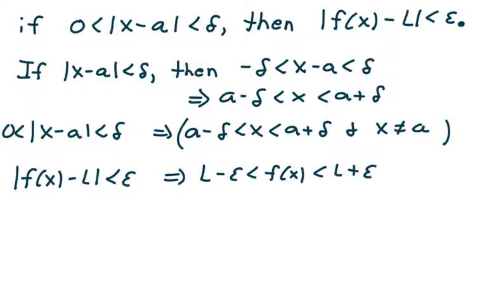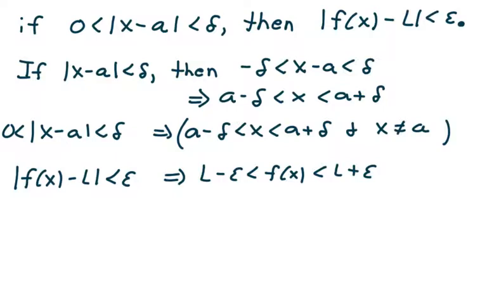And so we want the absolute value of x minus a to be greater than 0 because we don't want x to be a. Remember, we're looking for the values of x as they get close to a. Now, if the absolute value of x minus a is less than delta, then that tells me that negative delta is less than x minus a, which is less than delta. And if I add a to all three sides, x is between a minus delta and a plus delta.